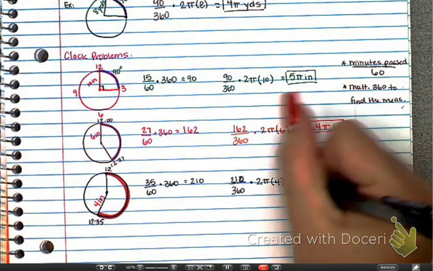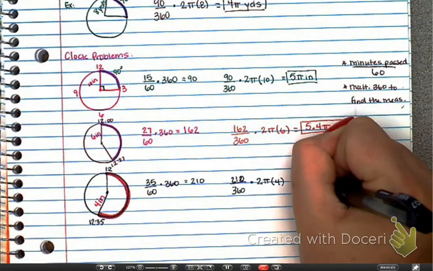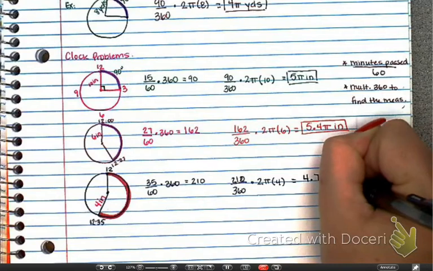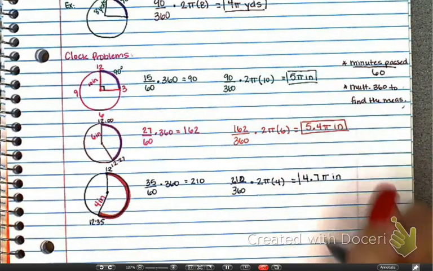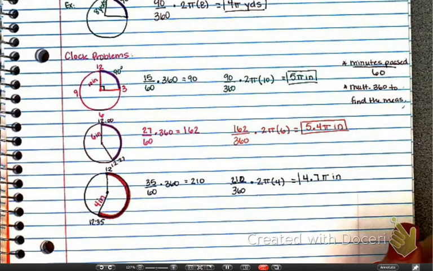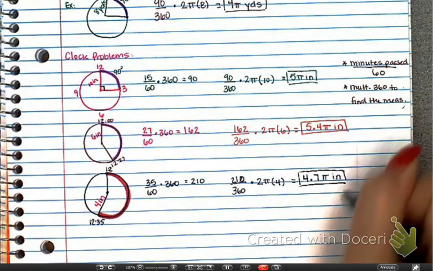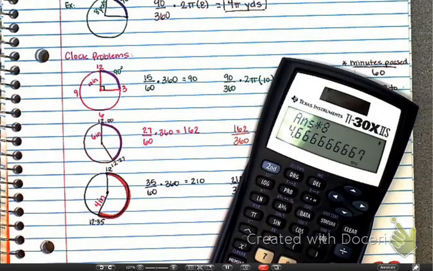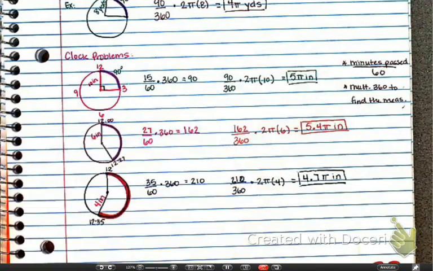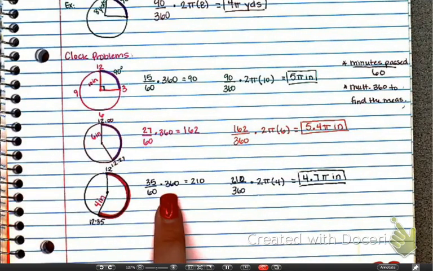From 12 to 12:35 is 35 minutes out of 60 times 360. So 35 divided by 60 times 360 is 210. Okay, then we have 210 over 360 times 2 times pi times 4, which is 210 divided by 360 times 8.